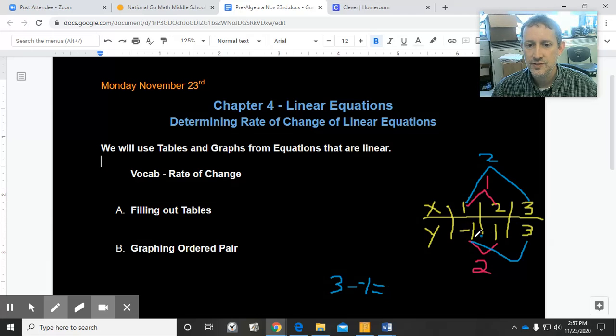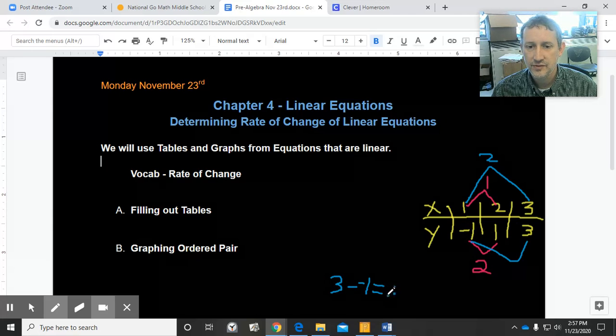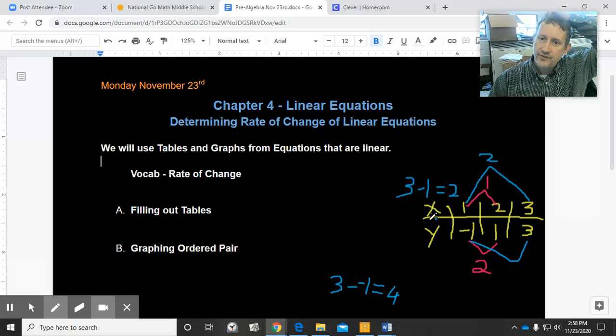So from -1 to 3 is 4. 3 minus -1 is 4. From 1 to 3 is 2. So 1, 2, 3, or you can think of it this way: 3 minus 1 is going to give me the 2. Now, these look like different numbers, don't they?